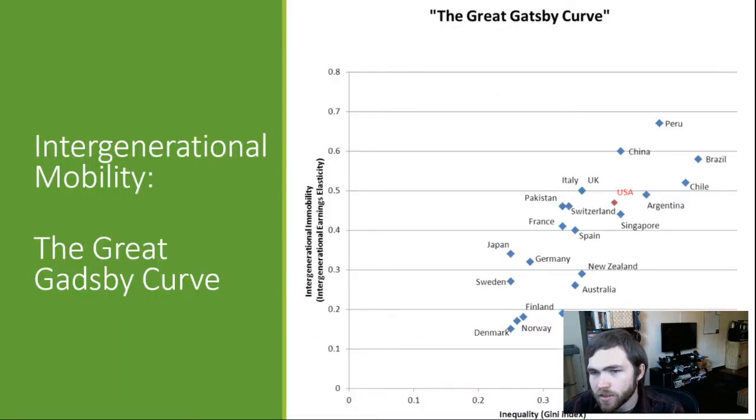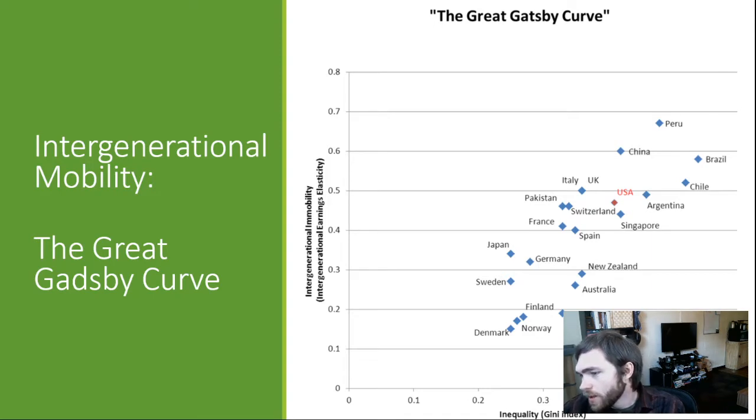Another way we can look at this is this graph, which has come to be known as the Great Gatsby curve. And so on the horizontal axis here, we have inequality, measured by the Gini coefficient. And on the vertical axis, we have a measure of intergenerational income mobility. So we can see here a clear increasing relationship.